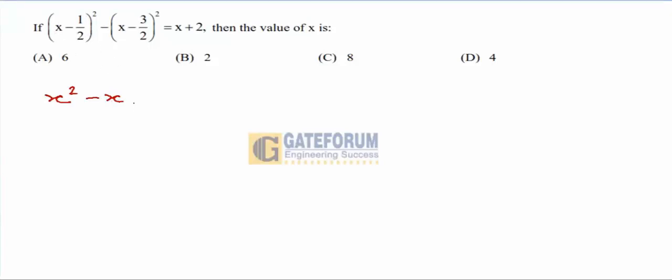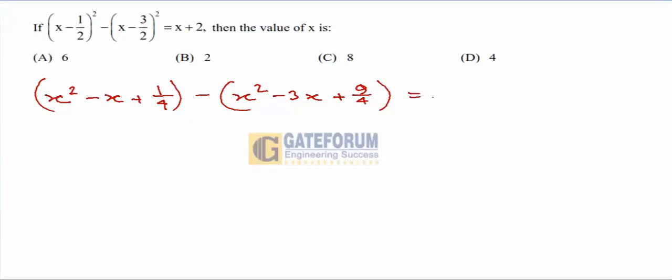So it is only x plus 1 by 4 half square minus, see this whole square would be x square, see minus 3x plus 9 by 4, and this is equal to x plus 2.